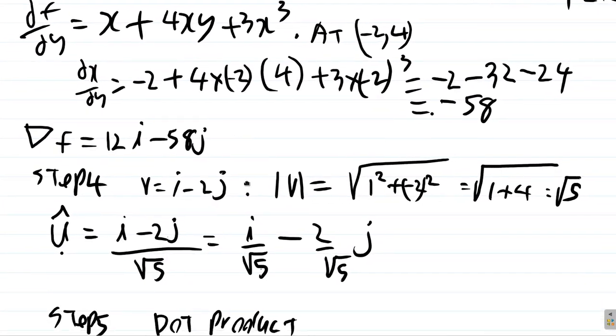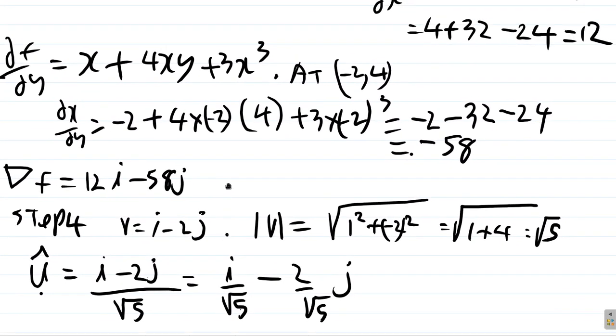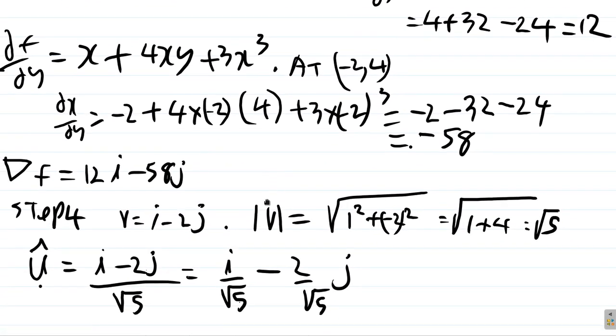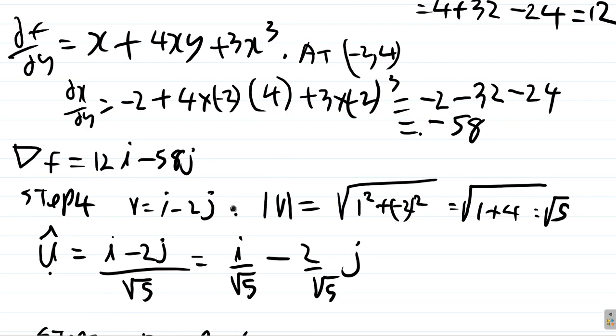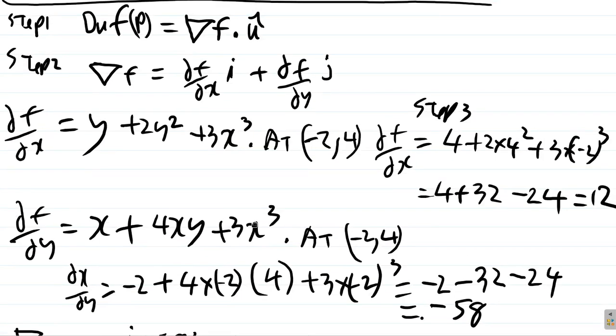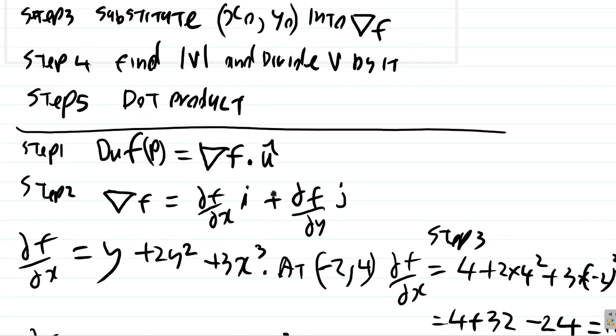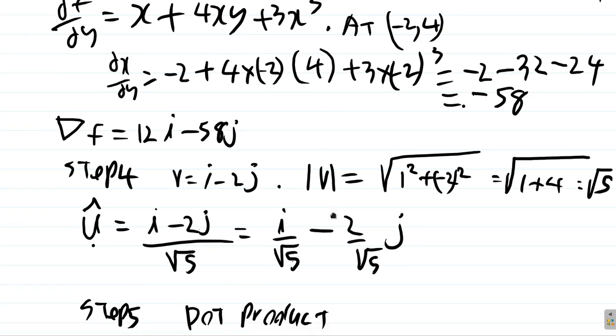So, here, what we have, the gradient vector, is 12i minus 58j, or referring back to the formula, it is the gradient vector dot unit vector.